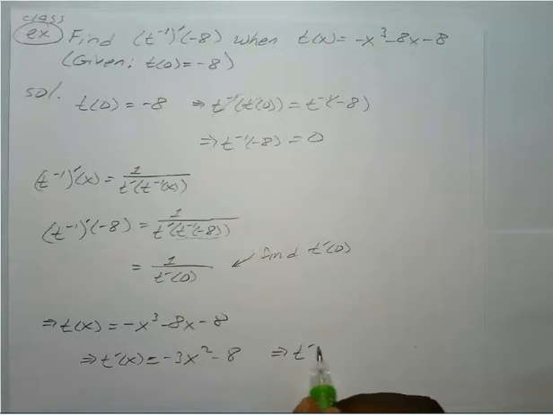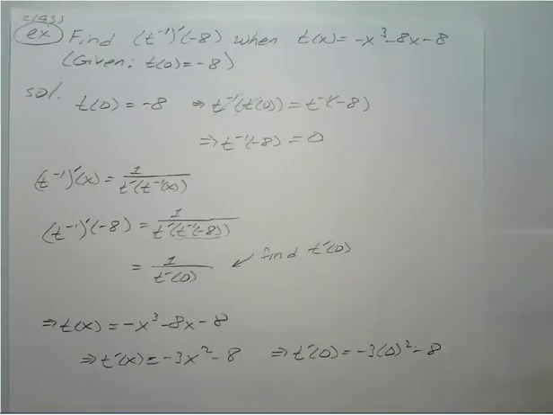Okay, so t prime of 0 is equal to -3 times 0 squared minus 8. So t prime of 0 is equal to -8.